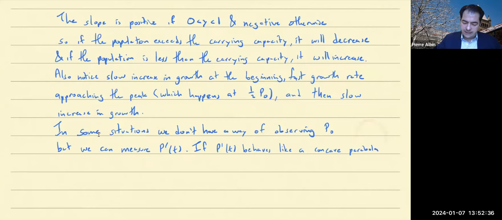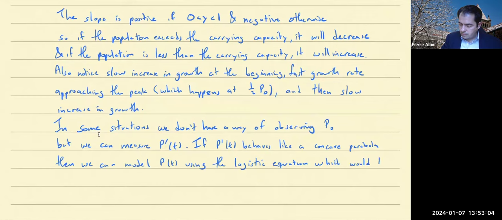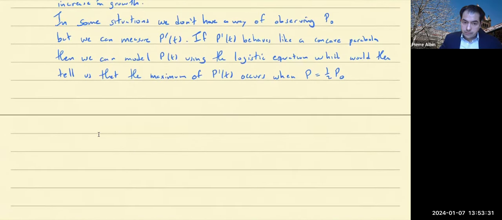So if it looks something like that, then we can model it using the logistic equation, which would then tell us that the maximum of P prime of t occurs when the population is at 1/2 of the carrying capacity, right?